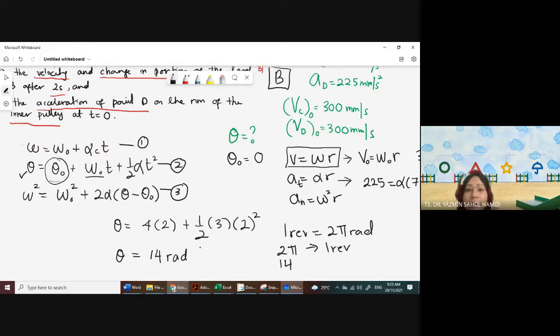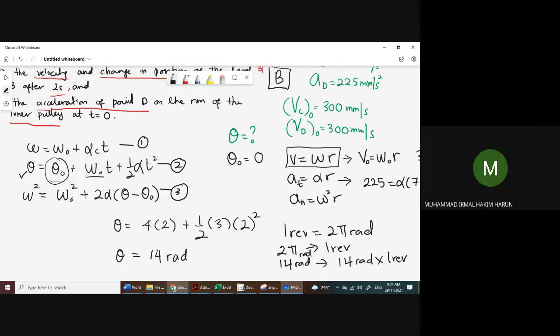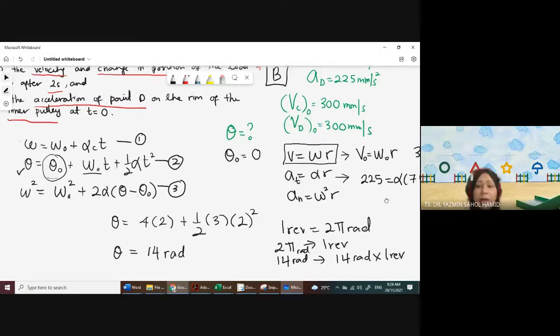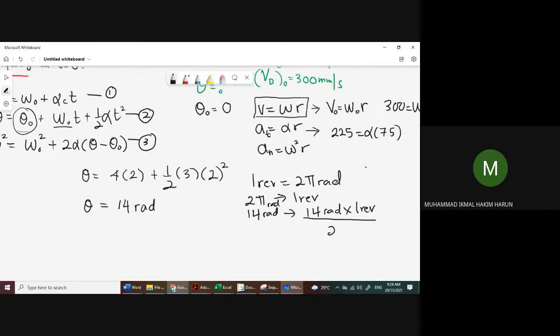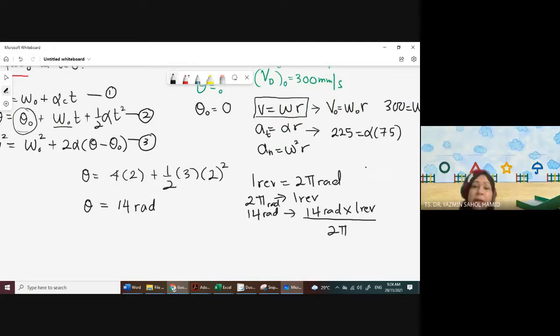Kalau 14 rad, sama dengan 14 rad kali dengan 1 rev bahagi 2 pi rad. 2 pi radian sama dengan 1 rev.